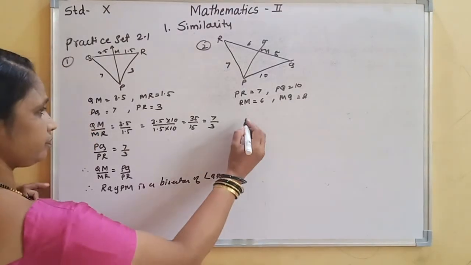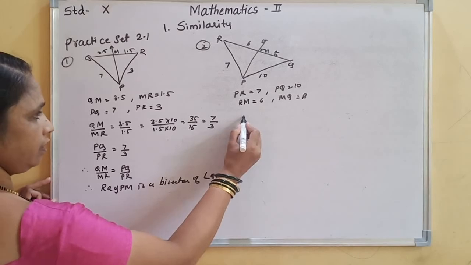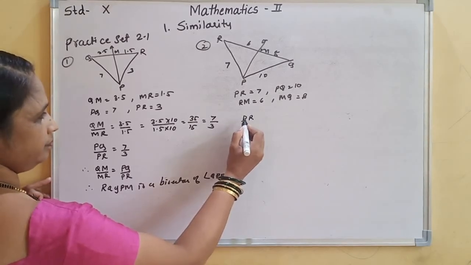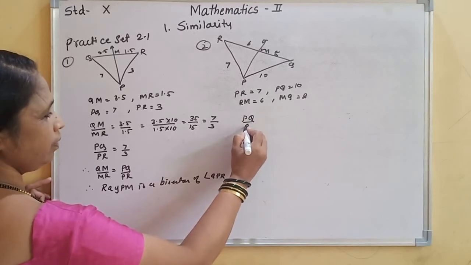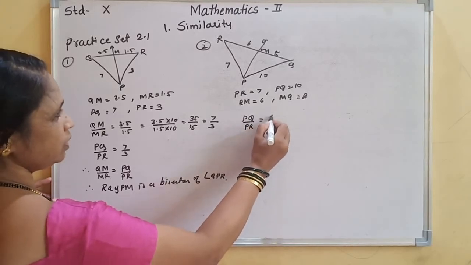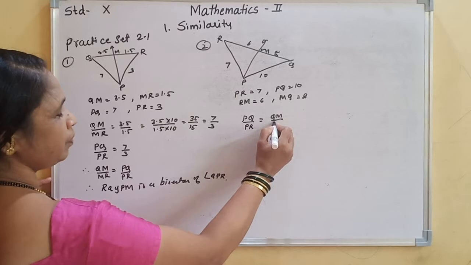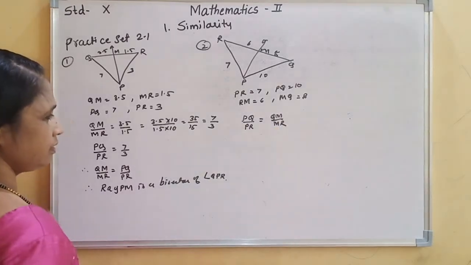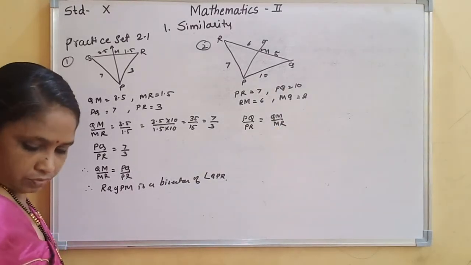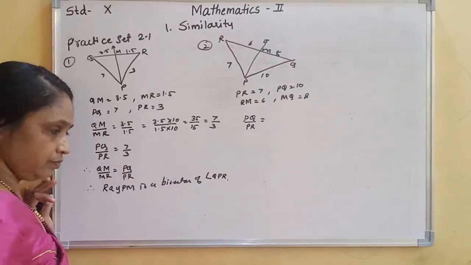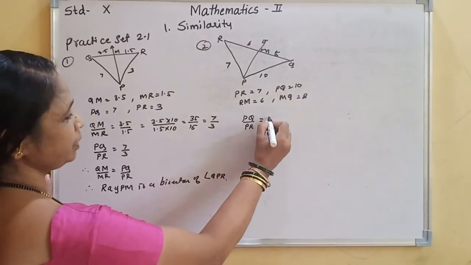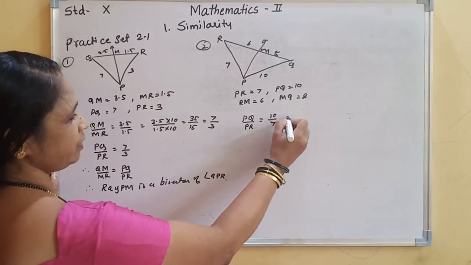Now see, we know PQ upon PR is equal to QM upon MR. Separately we will write PQ upon PR: PQ is 10 upon 7.